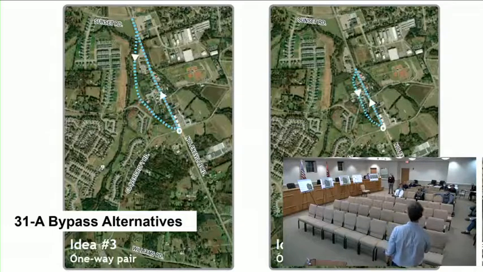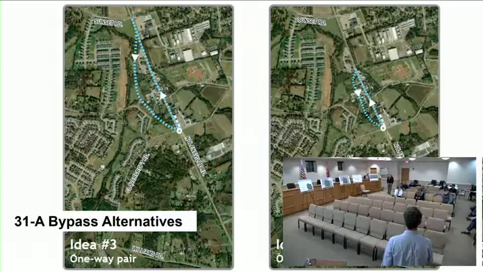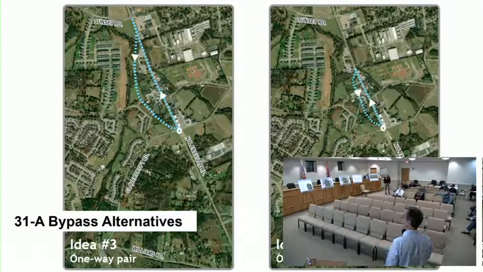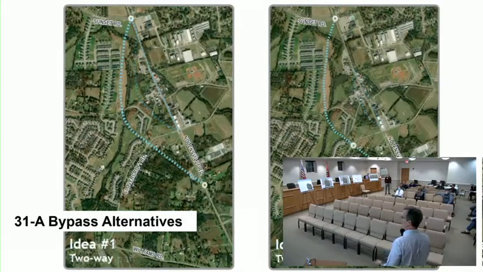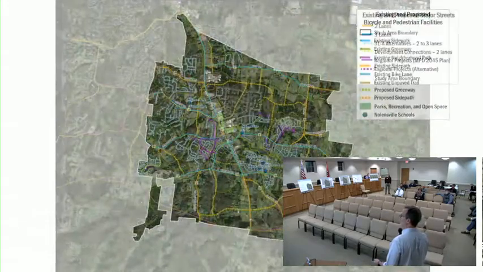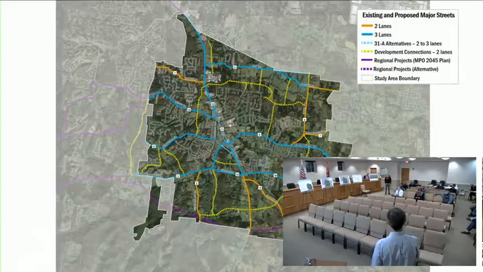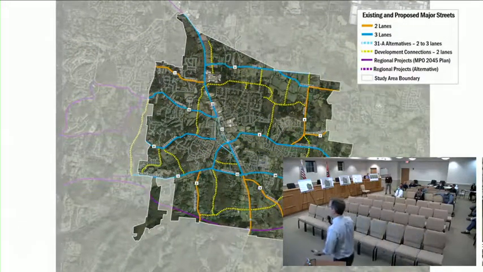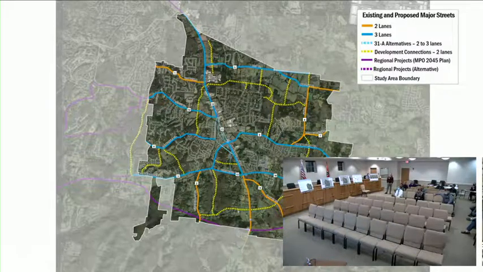So, you're showing several different ideas for bypasses, which are obviously the north-south solution to the amount of traffic on Nolensville Road. Have you looked at any other alternatives to a bypass to alleviate north-south traffic? As far as more collector roads, development roads, things like that, what kind of impact those would have versus a bypass? Yeah, no, that's a great point. That this isn't functioning in isolation.